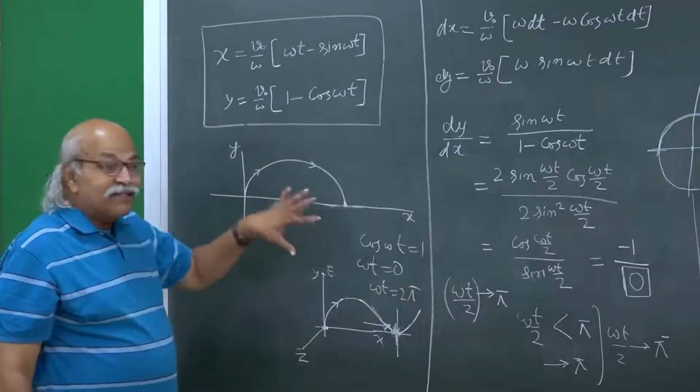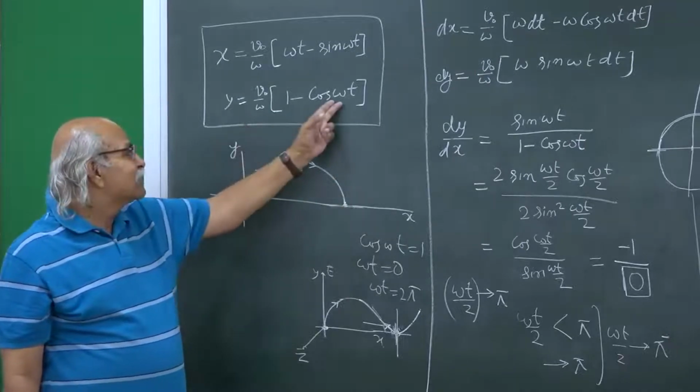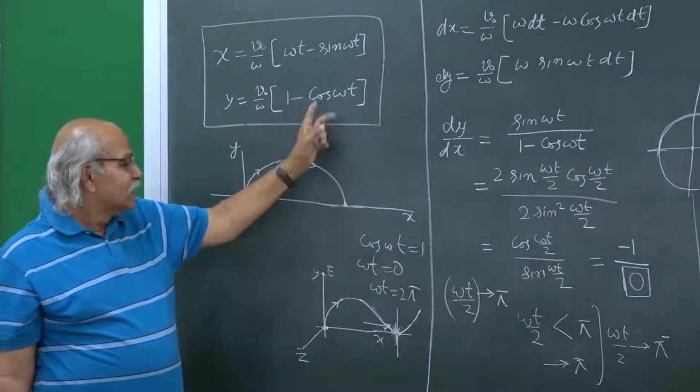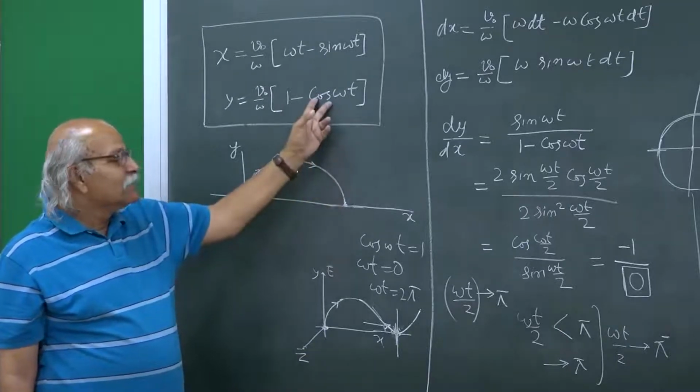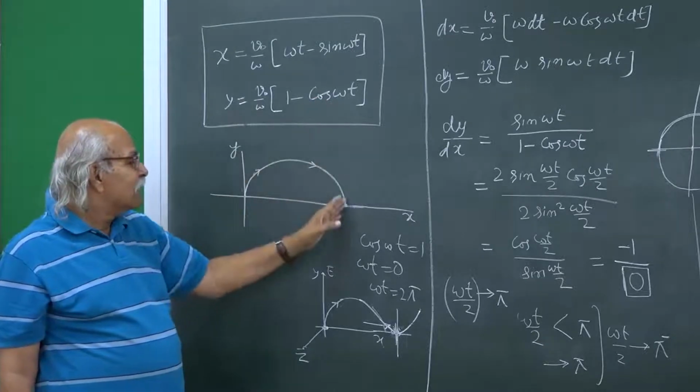Remember, y is never negative, because y is 1 minus cos omega t, which will never become more than 1. Here it is 1, and again it will decrease from the 1, and therefore this will again rise.